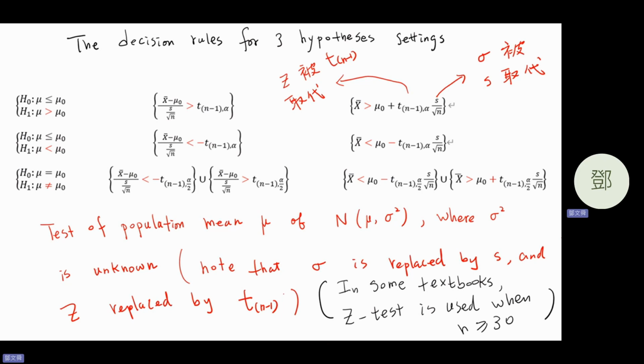What is mu d under the null hypothesis? What is it?